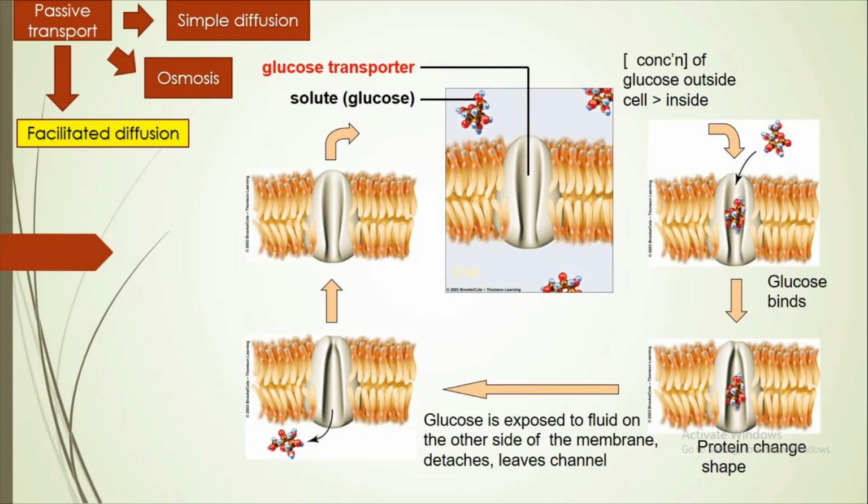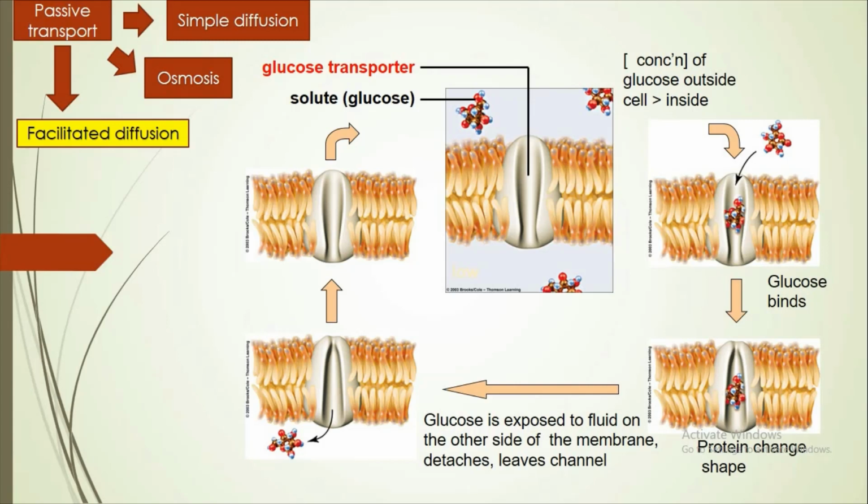It can be of two types: channel protein or carrier protein. Therefore, facilitated diffusion is highly rapid and highly specific. So here is one example. First, the glucose concentration outside the cell is higher than inside the cell. So the glucose will bind to the glucose transporter protein. The protein will change its shape and the glucose will be exposed to fluid on the other side of the membrane. It detaches and leaves the channel.